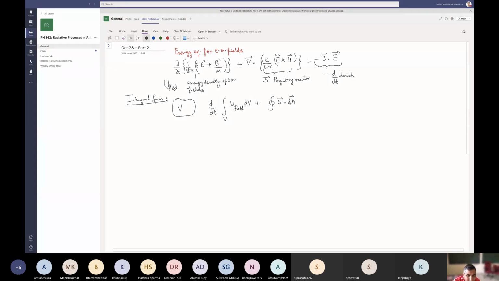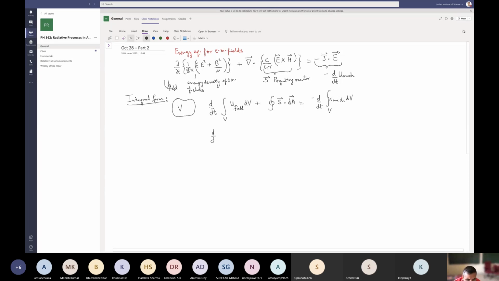If you integrate over this whole volume, this is what you get, and this is nothing but d/dt of the integral of u mech dV, right? So this equation is nothing but the rate of change. This is not a partial derivative. It has become only a time derivative because we have integrated over the whole volume.